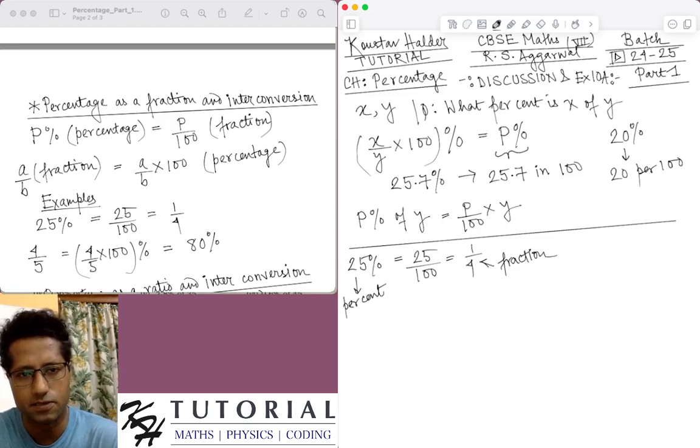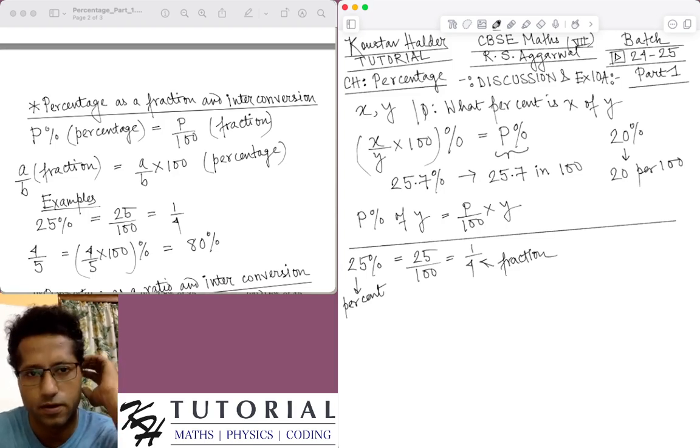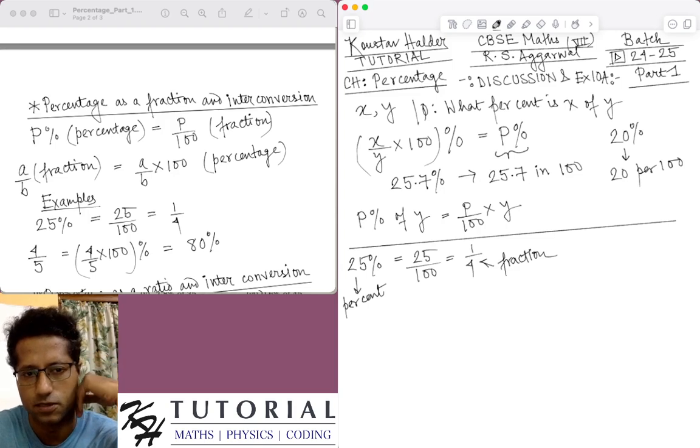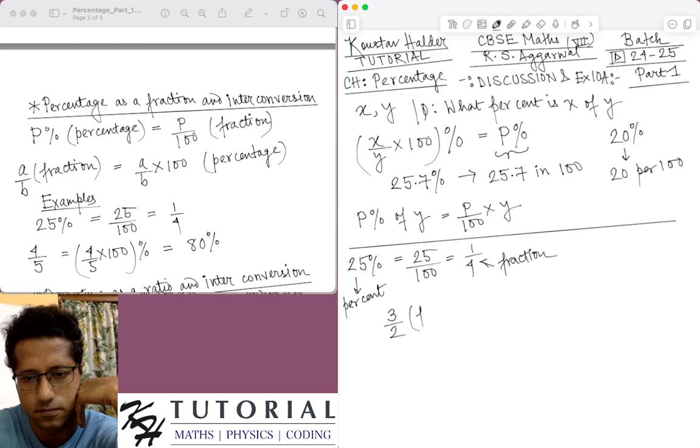So basically, from a percentage, p divided by 100 is the fraction. Now, if you are given a fraction, how do we convert that into a percentage? You multiply the fraction by 100, and that value will give the percentage. Now that value, we usually express as a decimal. Let's say you are given 3 by 2. Whatever the fraction is, 3 by 2. This is a fraction.